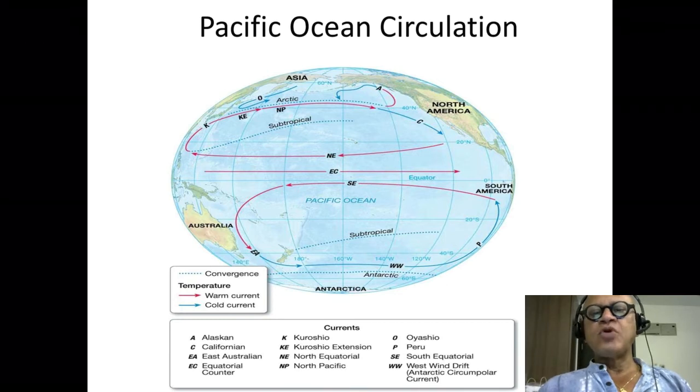You have the subpolar gyre there with the Oyashio coming down, another western boundary current, and the eastern boundary current here is the Alaska current. In the Gulf of Alaska, you end up with the so-called Alaska gyre, and you have the South Pacific gyre with the South Equatorial current, East Australia current, west wind drift, Peru current, and so on.